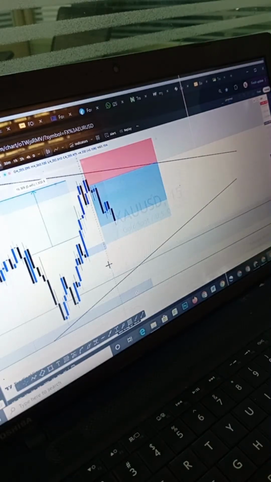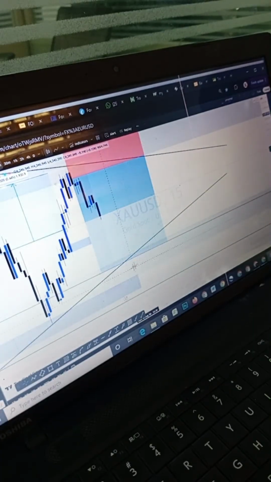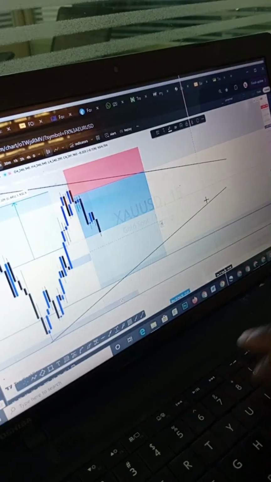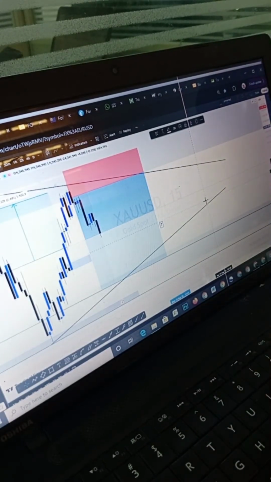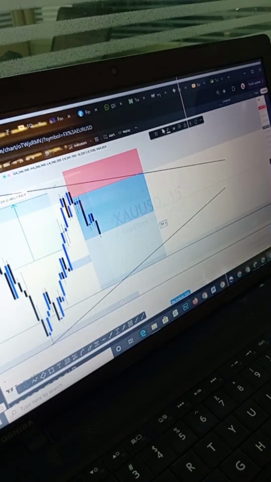And then we can also scale through down to have our TP2. I'm just going to be doing this real quick so I could make it through to this zone, because I'm having another demand zone here. So let's say this could be TP1. It's currently on XAUUSD.